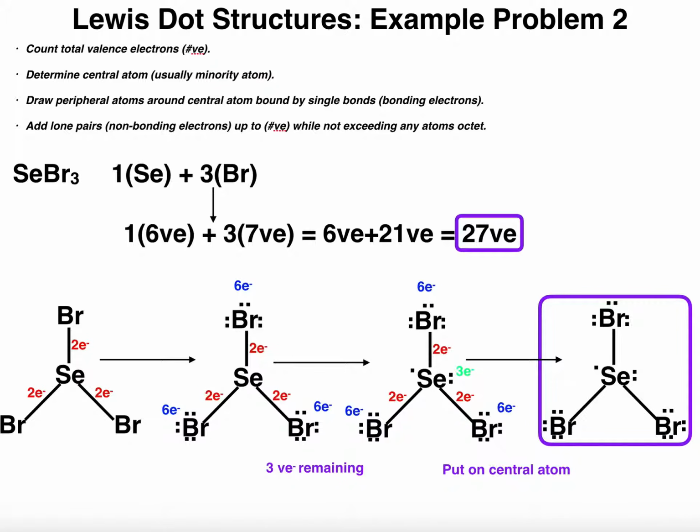In the next example we'll see that, where we'll have to add non-bonding electrons onto the central atom because when we add them onto the peripheral atoms, we're going to have extras left over.